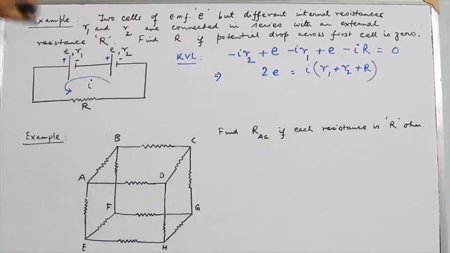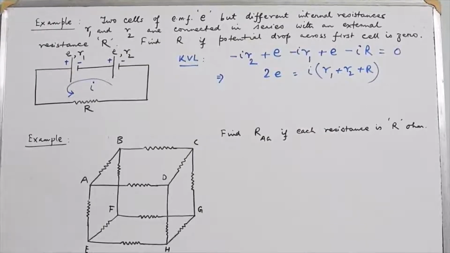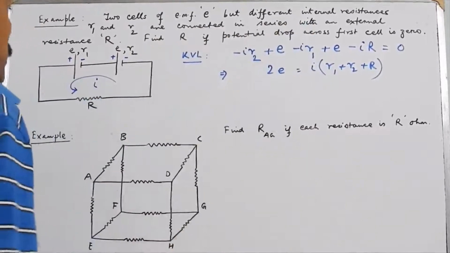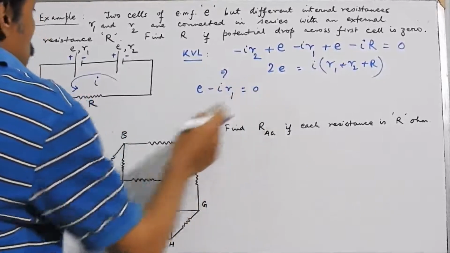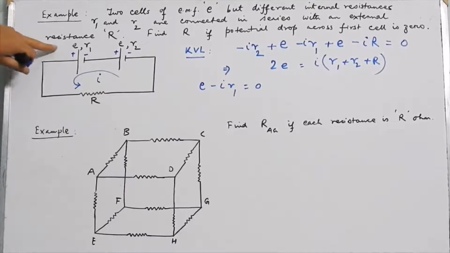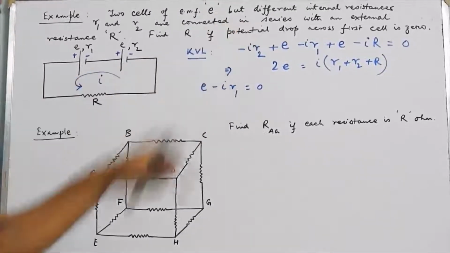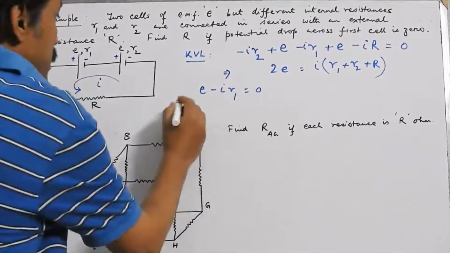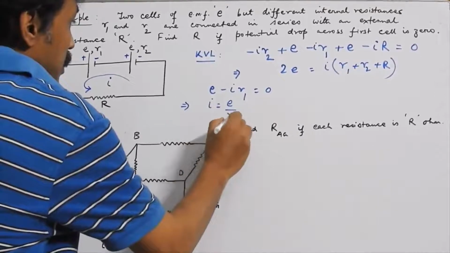Now again, let us go to the condition that the potential drop across the first cell is 0. Since the potential drop across the first cell is 0, we can write E minus I R1 is 0. Potential drop across the cell is equal to EMF minus current into internal resistance, which is 0 by the given condition. This obviously means that I equals E by R1.